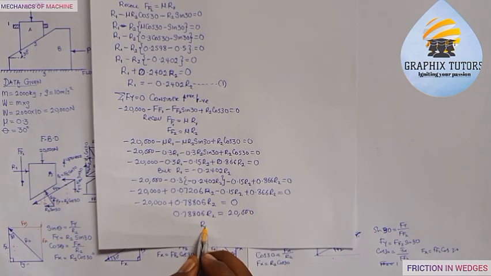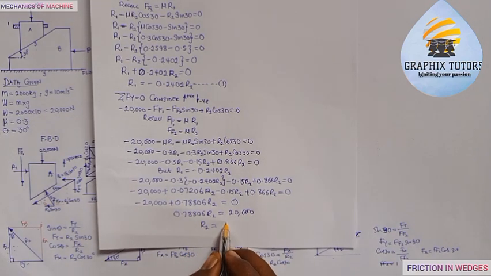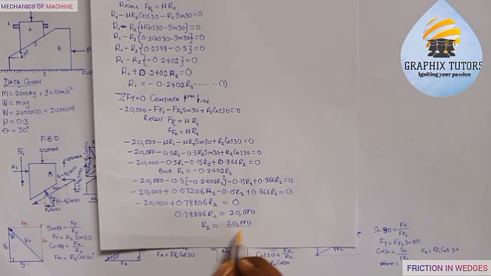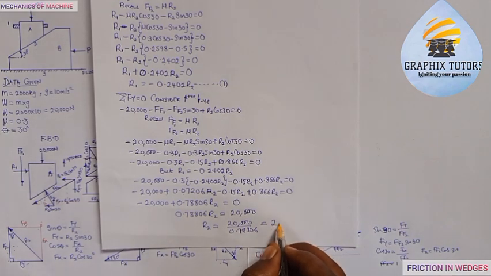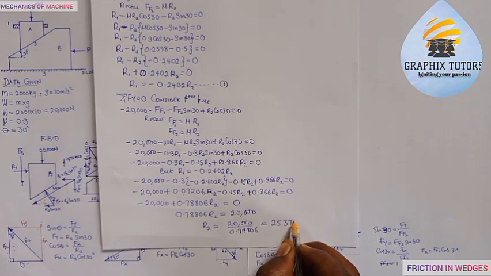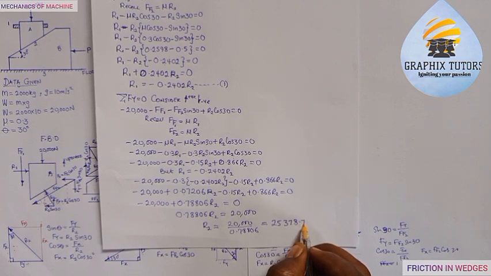So if you make R2 the subject of the formula, R2 will now give me 20,000 divided by 0.78806. And our R2, if you divide 20,000 by 0.78806, that will give us 25,378.78 Newton.